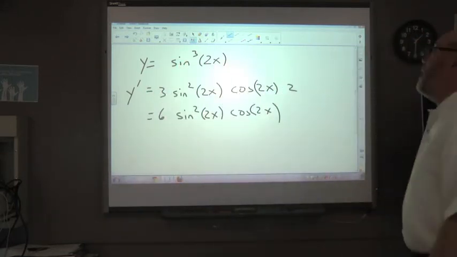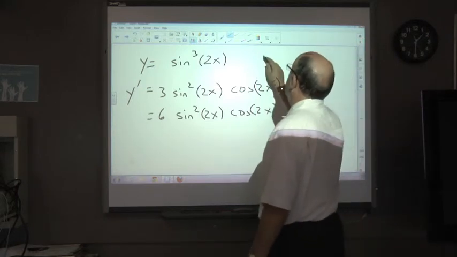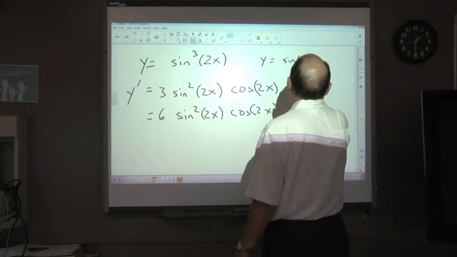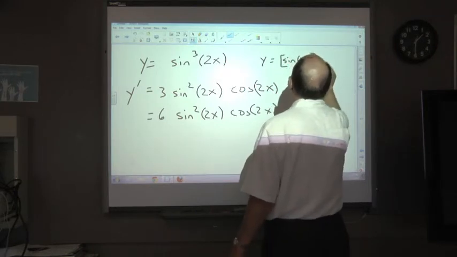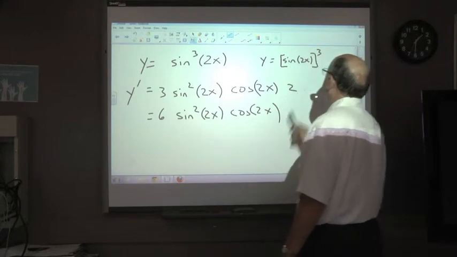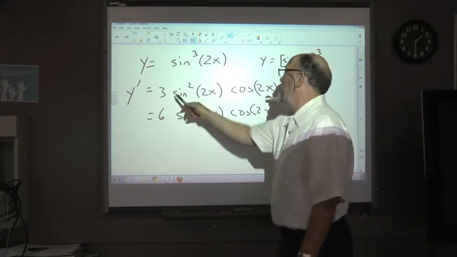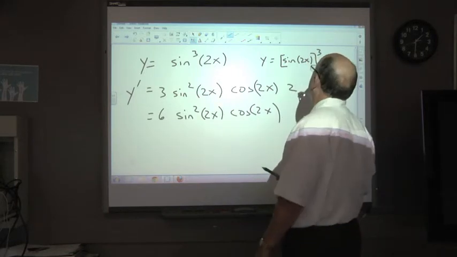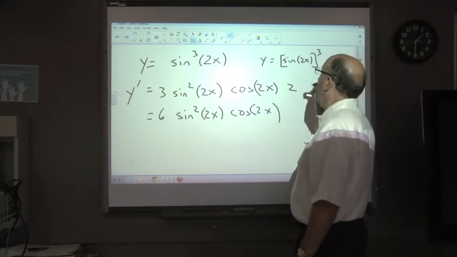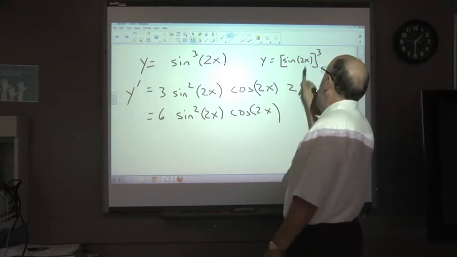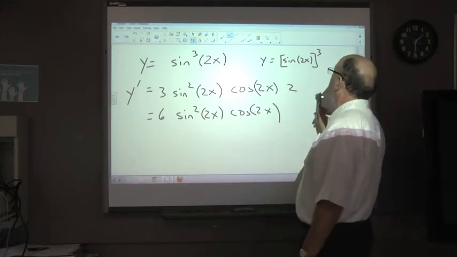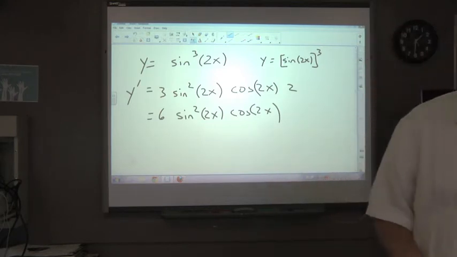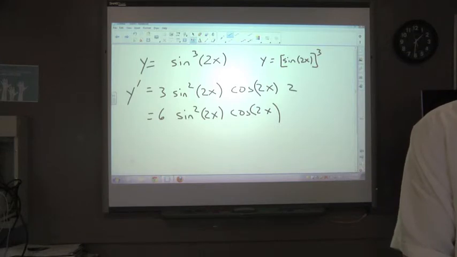After all, you could think of this as being also written this way. Right? And so again, the rule was to take the exponent out front, which we did. Keep everything the way it was and drop the exponent by 1, which we did. And then you take the derivative of what was inside, so the derivative of sine is cosine. The angle stays where it was, and then take the derivative of that angle, and we end up with the same result.